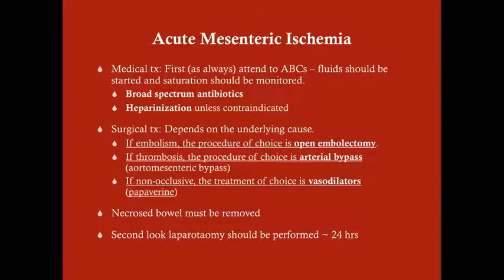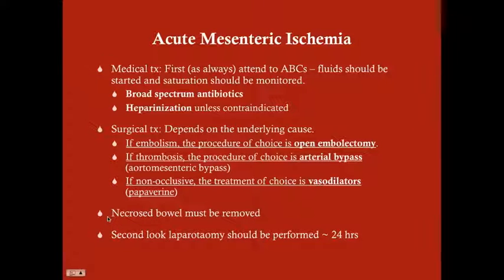This is to give vasodilators, but not only do we give them vasodilators, it's actually injected straight into the vessel that's affected. So usually the superior mesenteric artery. So it's done with radiologic guidance, but you actually just inject this vasodilator straight into the vessel that's affected. And the drug of choice that's given is papaverine.